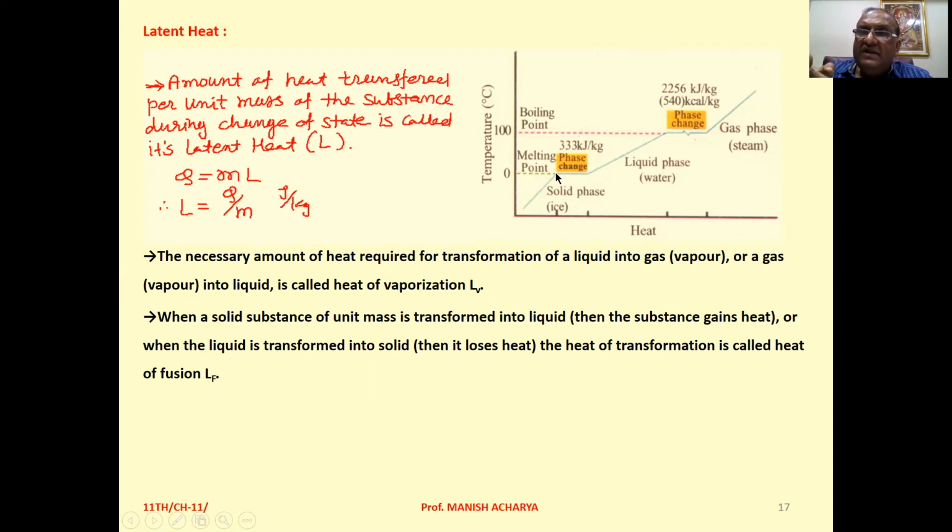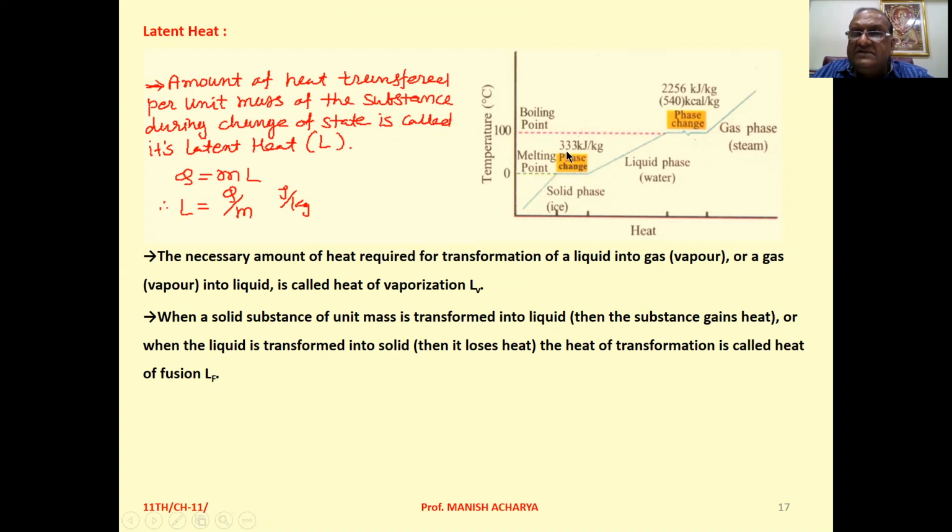Now after that, the transition of the state starts. Ice will melt. After that, the amount of heat transferred to it will be absorbed by it and utilized to change the state.